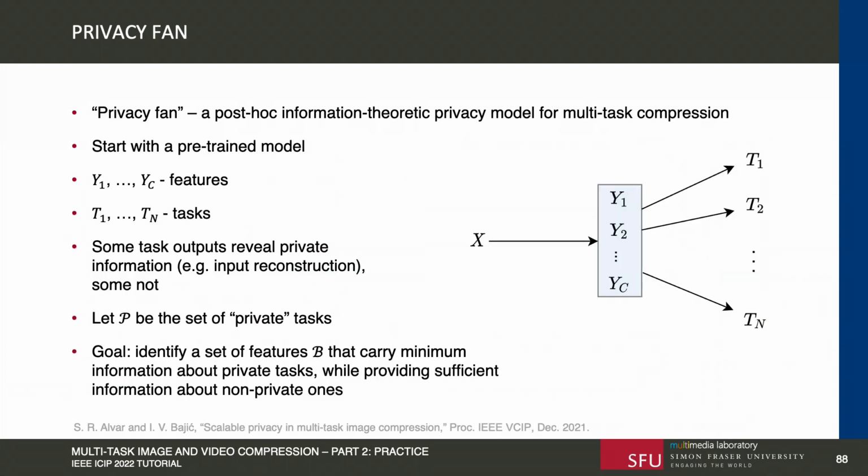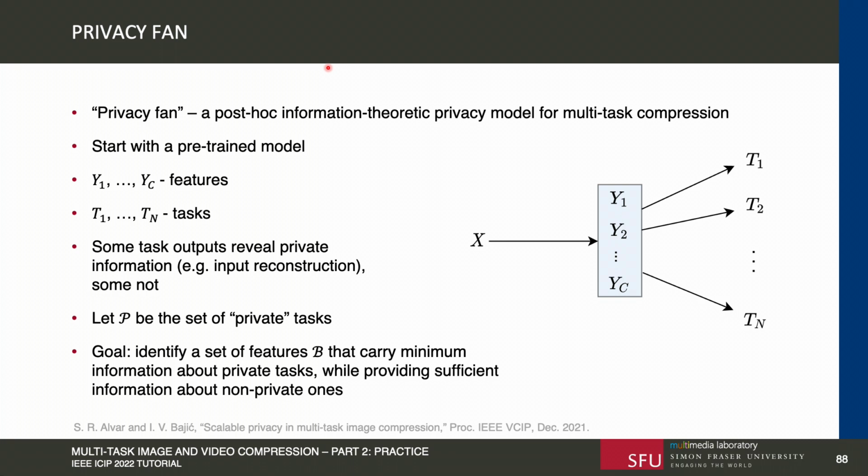So the first privacy strategy that we're going to talk about is the so-called privacy fan. This is a post hoc information theoretic privacy model for multitask compression. What post hoc means in this context is that this privacy fan is applicable to compression systems, whether handcrafted or trainable, that have been developed or trained without any notion of privacy.